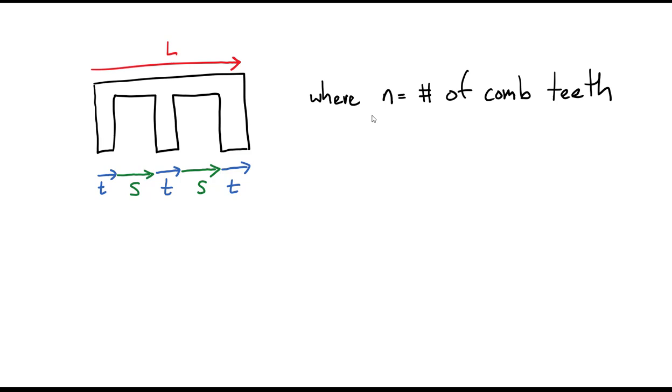So we can make this depend on the number of comb teeth that we have. The vector equation here would be that the length of the comb is equal to n times t, the number of teeth times the thickness, plus n minus 1, because there's always one less space than there are comb teeth, so n minus 1 times s.